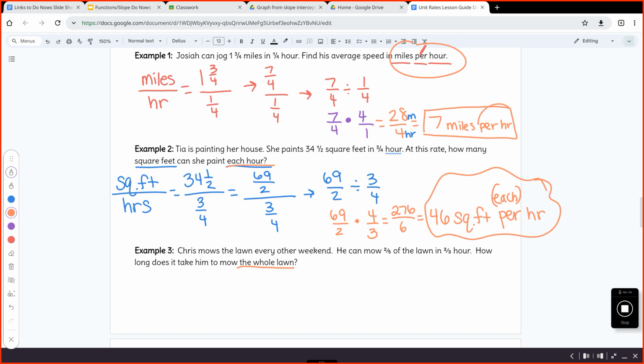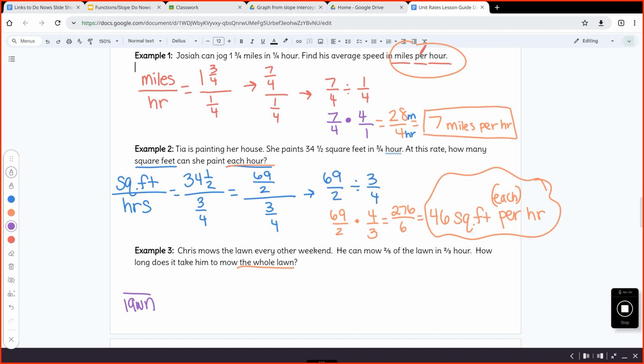In the first problem we figured out how many miles in one whole hour. In the next problem, we found how many square feet could be painted in one whole hour. In this last problem, we're figuring out how many hours it'll take to mow the whole lawn. So what's going in our denominator is lawns, because we're trying to use one whole lawn. We're trying to figure out what it would be per lawn.